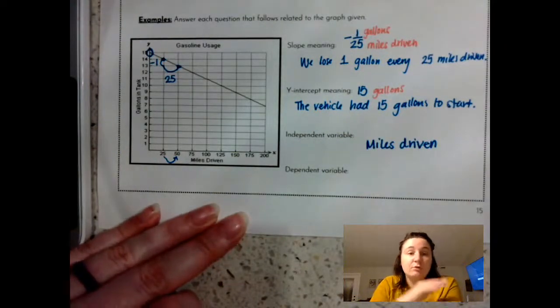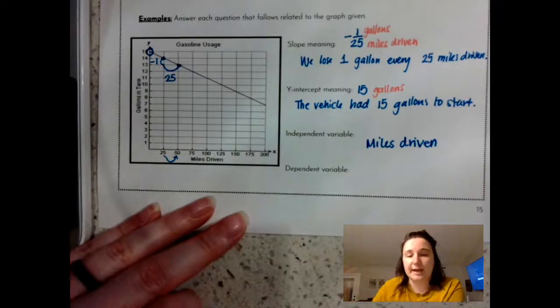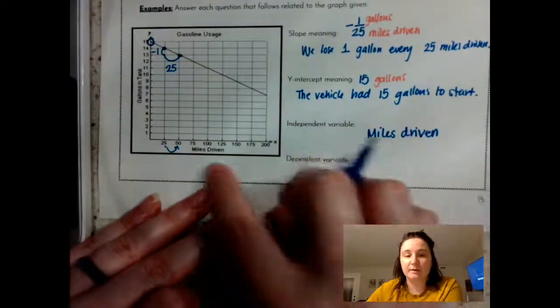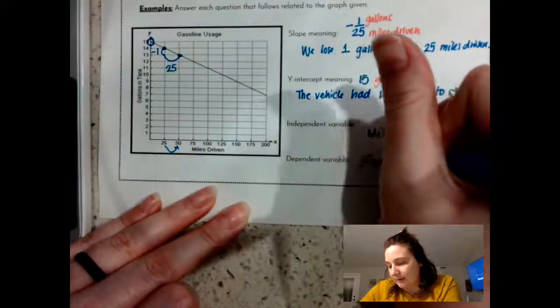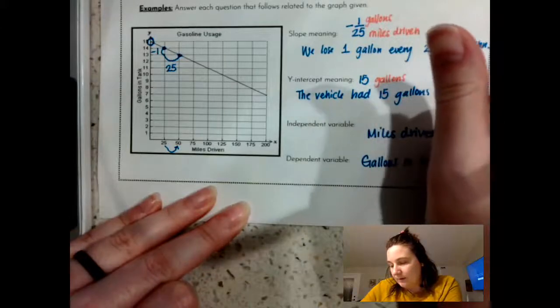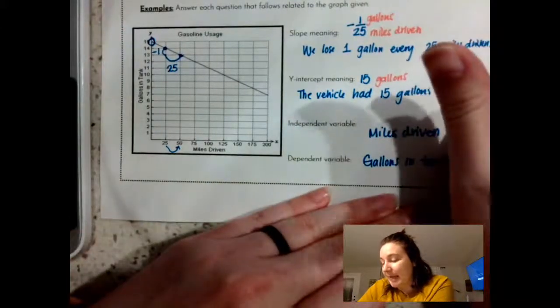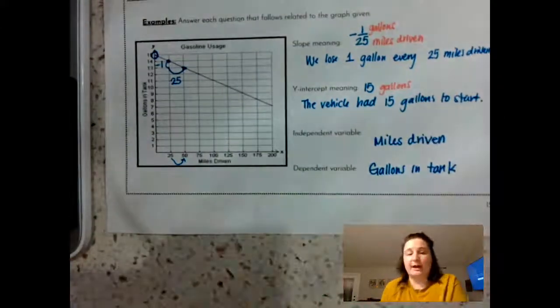So if I don't drive anywhere, I'm not going to lose any gallons of gas. If I drive really far, I'm going to lose a lot. So the miles driven is causing the change to happen. So that's my independent variable. My dependent variable, the one that depends on the other, is the gallons in tank. So the gallons in the tank depend on how many miles we drive.